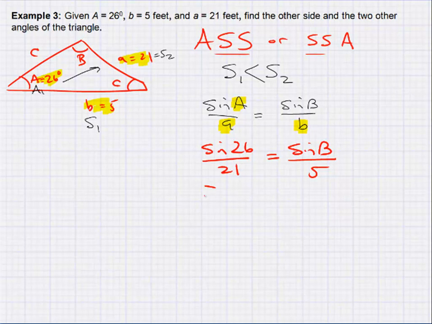If I multiply by 5, I get 5 times the sine of 26 over 21 equals sine of B.